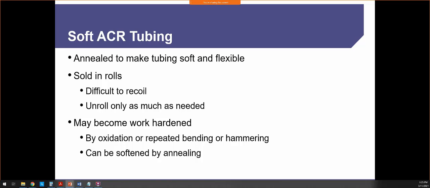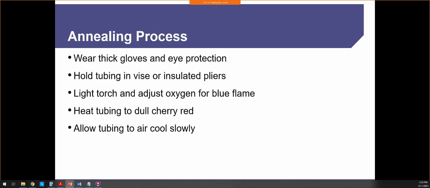Okay, it can become work hardened by oxidation or repeated bending or hammering, and can be softened by annealing, yet again by applying heat. All right, the annealing process. We're going to wear thick gloves and eye protection. We're going to hold the tubing in a vise or insulated pliers. We're going to light a torch and adjust the oxygen for a blue flame. We're going to heat the tubing to a dull cherry red and allow the tubing to air cool slowly.